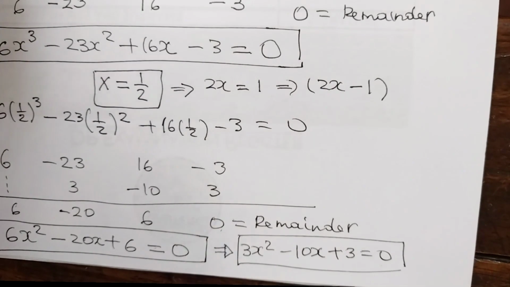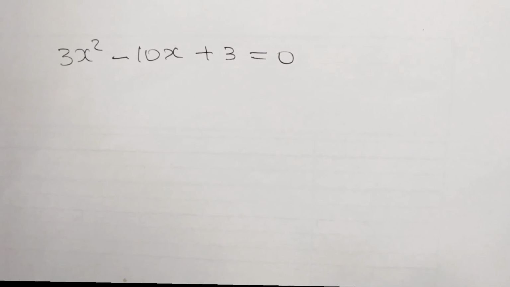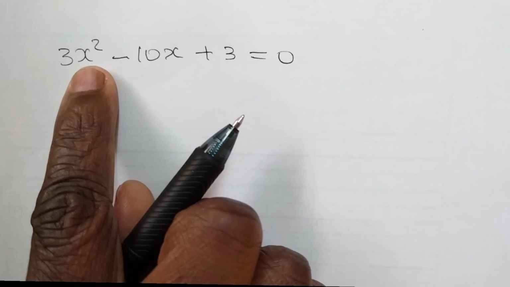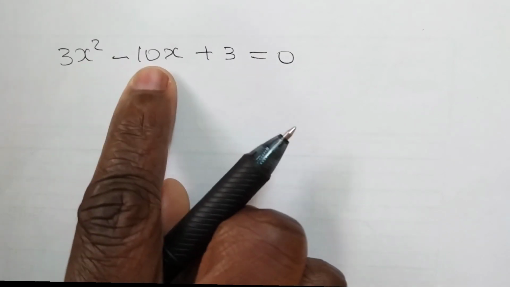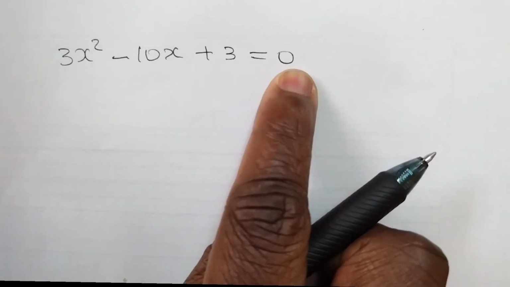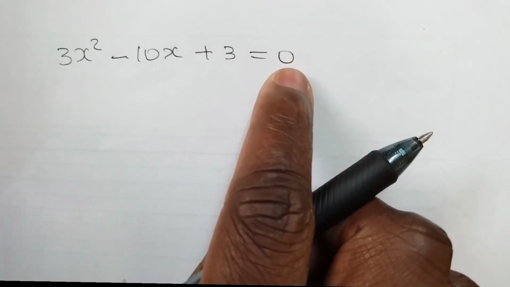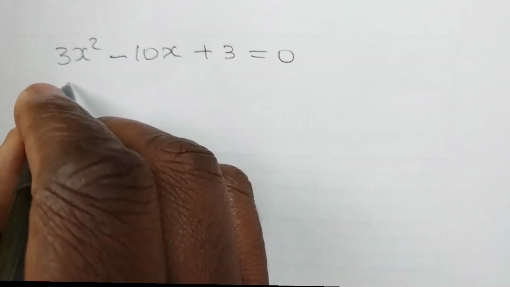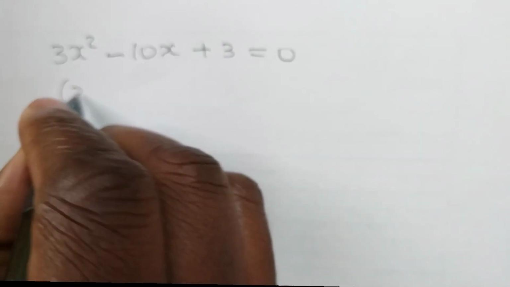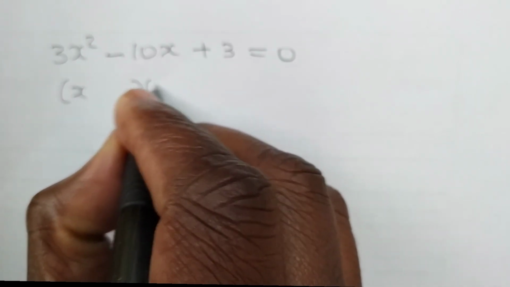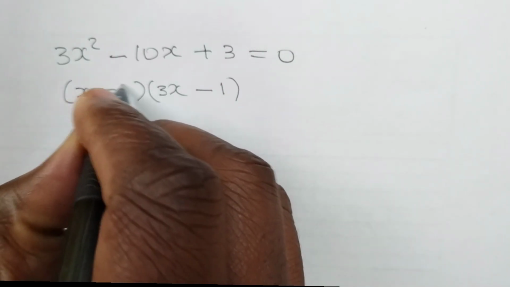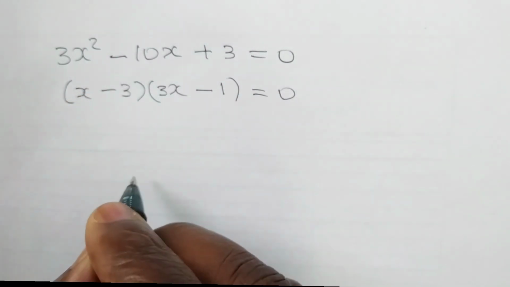Now how do we find these roots? Ladies and gentlemen, we have here a quadratic equation, 3x to the power of 2 minus 10x plus 3 equals 0. This quadratic equation has 2 roots. So the roots will be obtained like this. We're going to have (3x minus 1)(x minus 3) equals to 0.